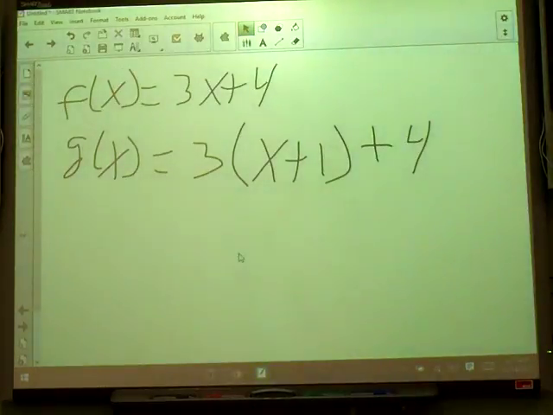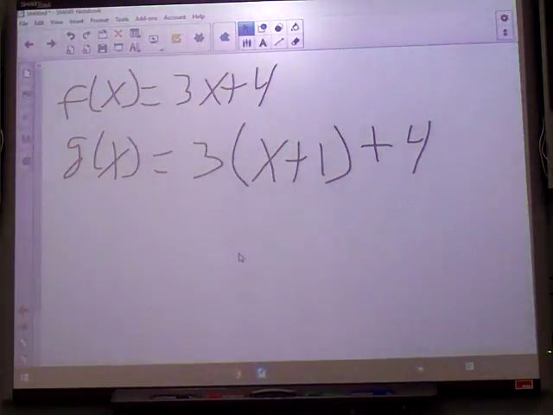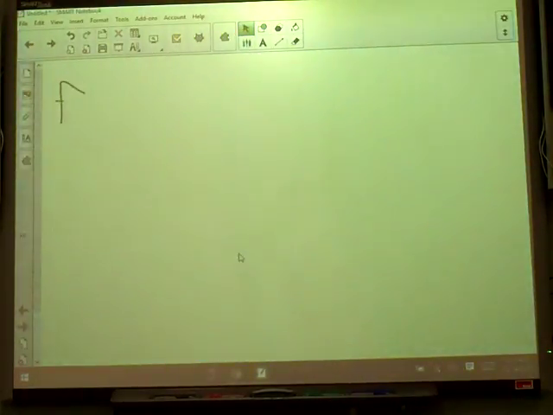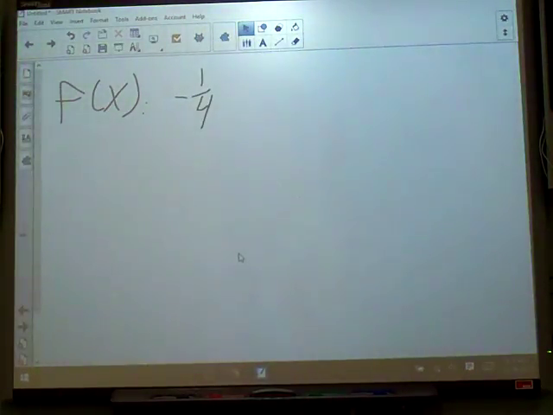77 is the other one we're going to look at. 77 starts off with f of x is negative 1/4 x minus 1.